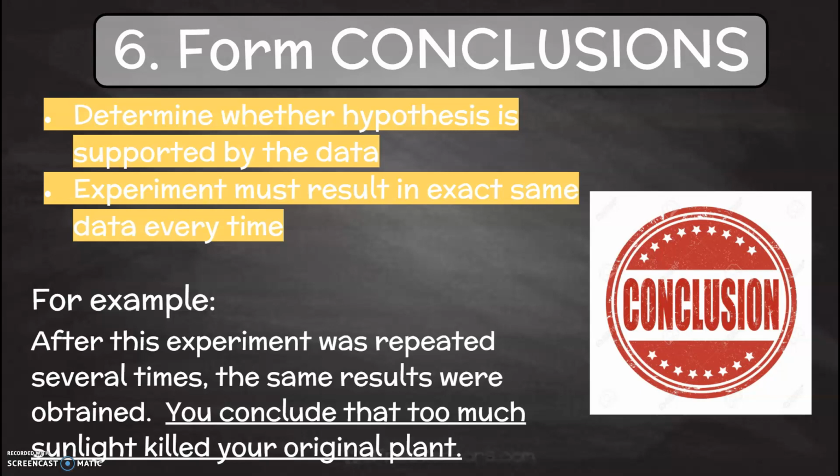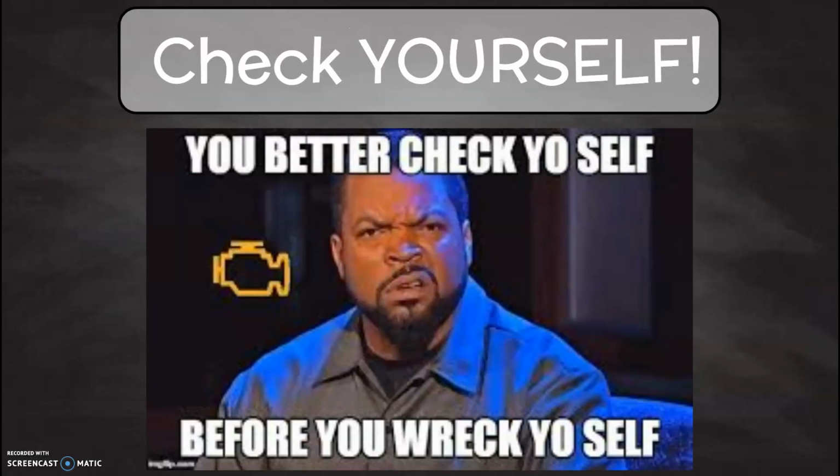And also make sure that you run your experiment a couple times and it has the same results. That way you also know that your results are correct. So from, again, my example experiment with my plants, I could conclude that too much sunlight killed my original plant.